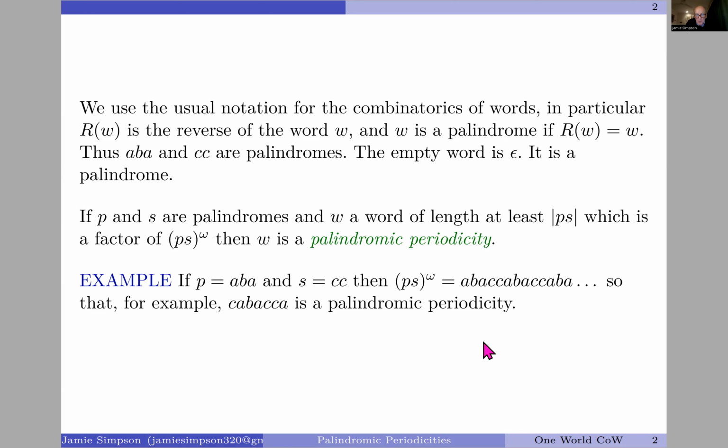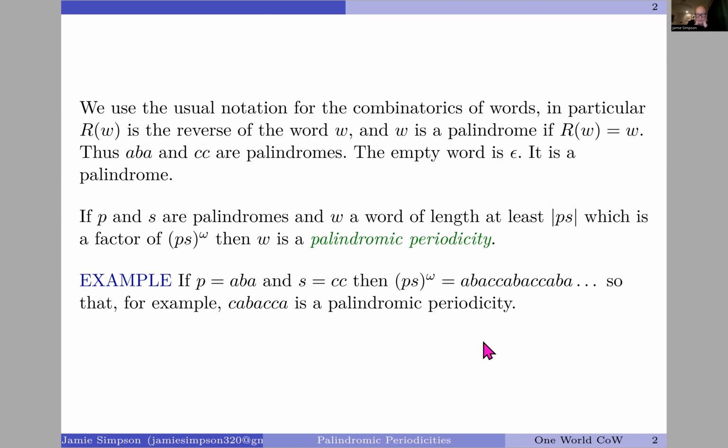The way this talk is going to work is I'll first of all talk about some simple properties of palindromic periodicities. I'll then talk about how they arise, and they're not just things that I've made up, they do occur naturally. And that is a periodicity, so it's like the ordinary periodicities, but with a few extra wiggles on it.